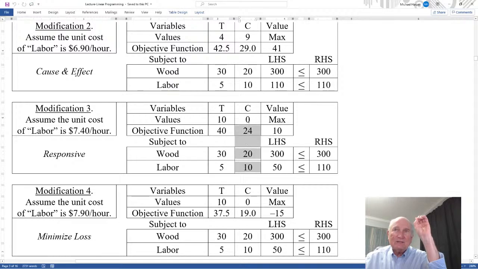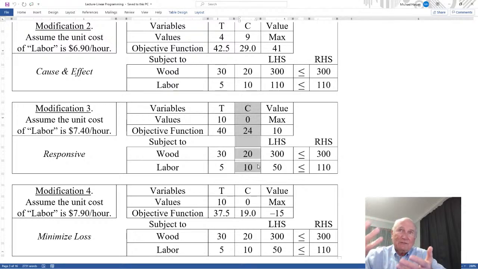Well, the greatest impact is going to be on chairs. So if the cost goes up, the weight is going to be on chairs. Chairs are labor intensive because you have more labor in chairs than you do in tables. So if you're increasing the cost of labor, it's going to affect chairs in a much greater fashion. And you can see that because it went to 0.